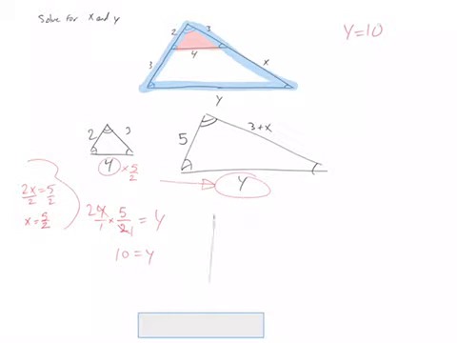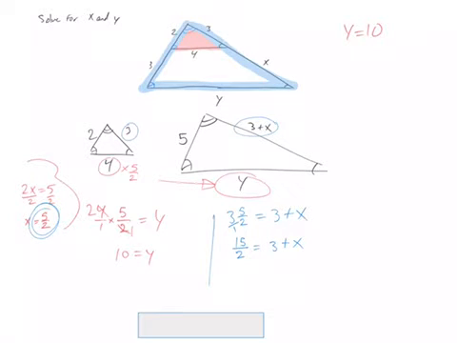And then do something similar to find this. I'm going to say 3 times the scale factor that we found should equal this. So I'm going to say 3 times 5 over 2 is equal to 3 plus x. So this is going to give me 15 over 2 is equal to 3 plus x.